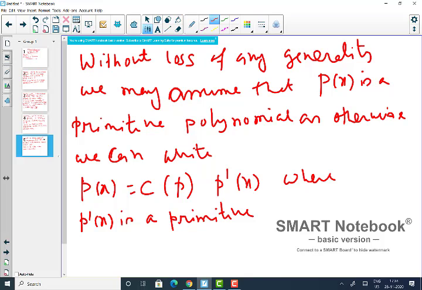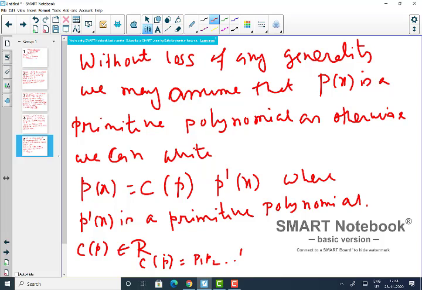If you take it out, that becomes a primitive polynomial. So you can always assume P(x) is primitive, otherwise you write it like that, and c(P) is an element of R, which is a UFD, right? So you can write c(P) in terms of some p1, p2, ..., pk as a factorization. So there is no problem. You can assume that your given polynomial is a primitive polynomial.